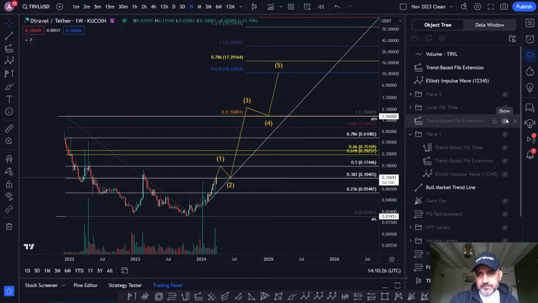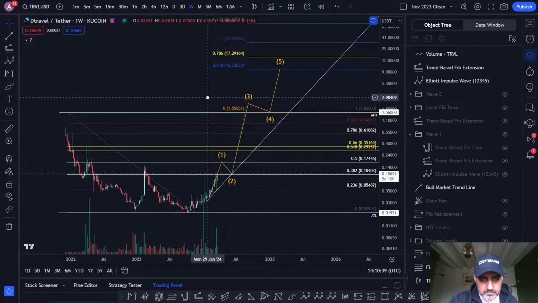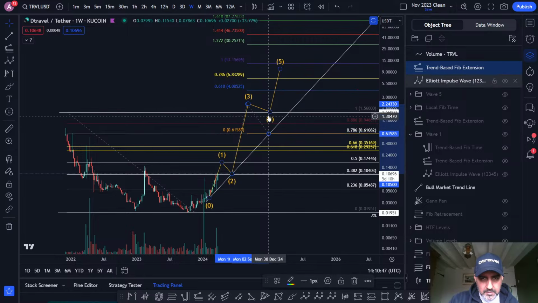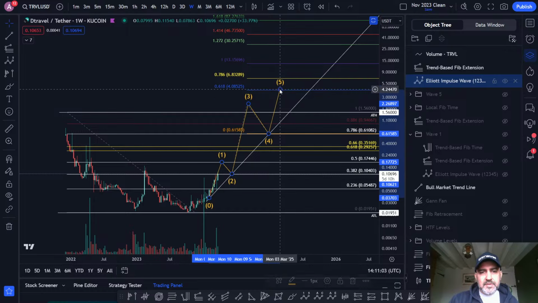If 4 is deeper, to there, so this is going to be really important.